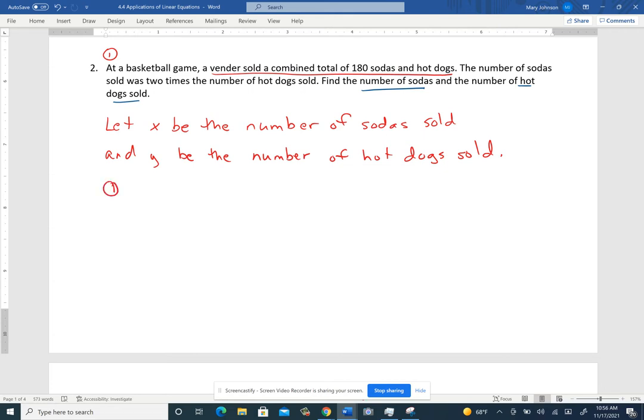You don't actually see the word "is" right there, but "combined total" makes me think I'm going to be adding, and that the combined total is supposed to turn out to be 180. So if I add up the number of sodas and the number of hot dogs, I should get 180.